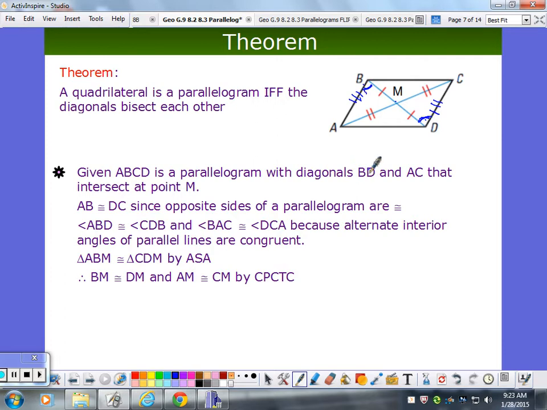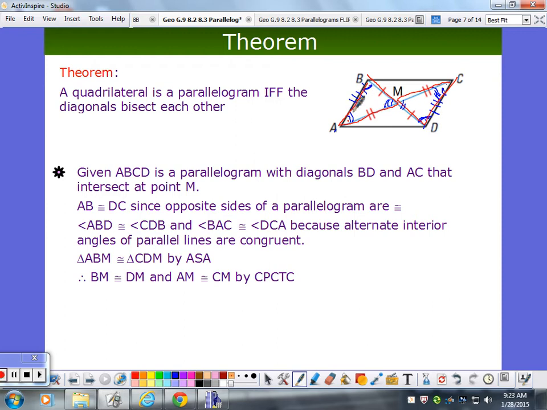I also know that BAC and DCA, that's the Z going the other way, are also congruent. Therefore, this triangle, ABM, and this triangle, CDM, are congruent by angle, side, angle. I could have done this another way. I could have said, look, there's vertical angles.